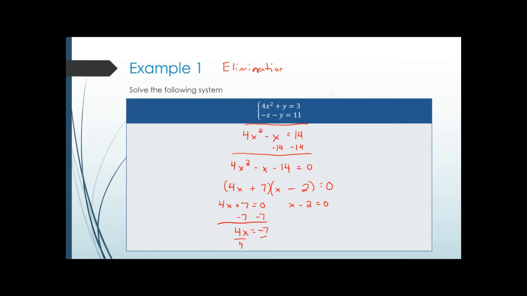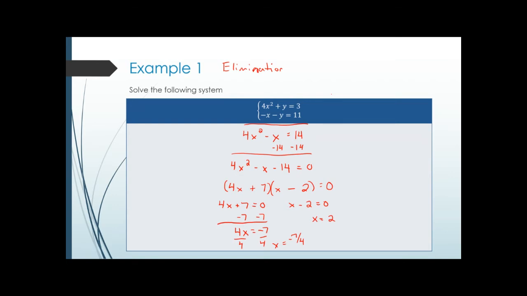And then when I divide both sides by 4, I get x equals negative 7/4. The second one here, I get x equals 2. Now this is a system, which means our solutions are ordered pairs, so I also need to figure out the y values. So I recommend putting them in the easiest equation that you can to solve for y.